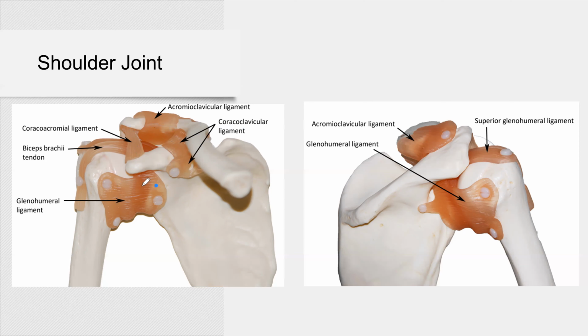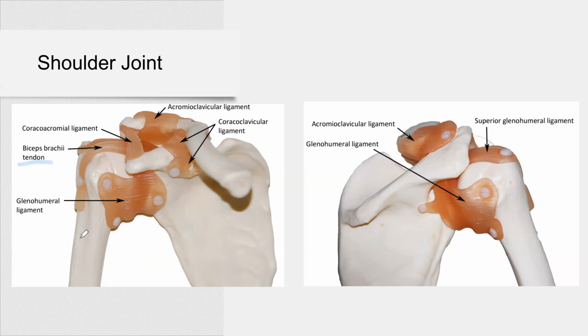Now over here you have a glenoid cavity, remember, of the scapula. So this is glenohumeral ligament because it connects this glenoid cavity to humerus. And we have anterior glenohumeral, we have posterior glenohumeral and superior glenohumeral ligaments. This structure over here is a tendon.